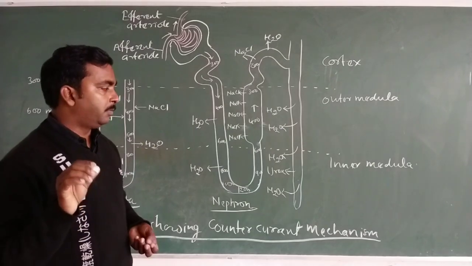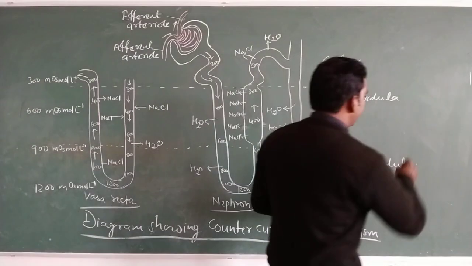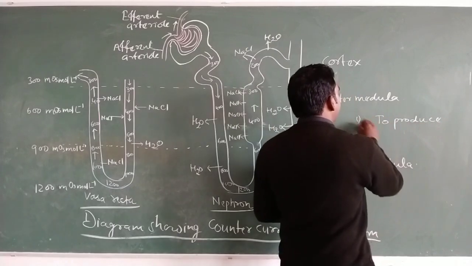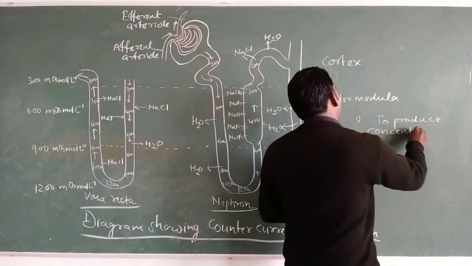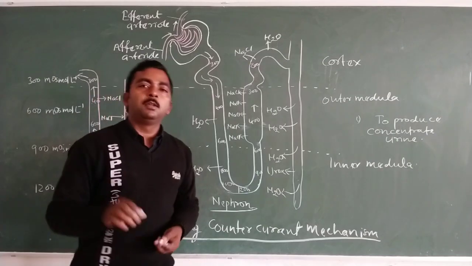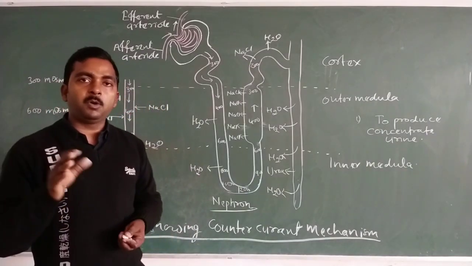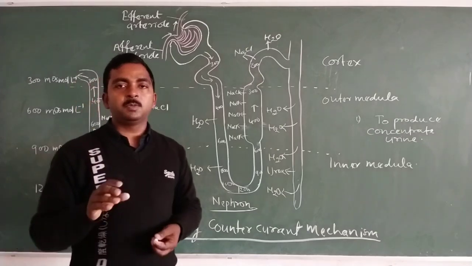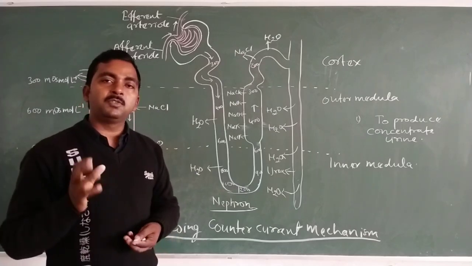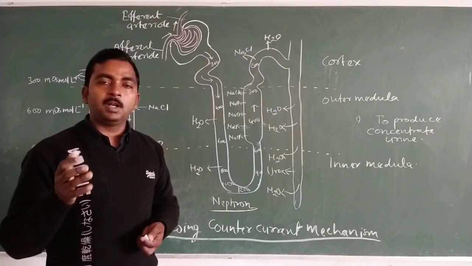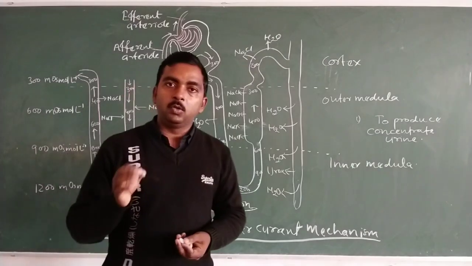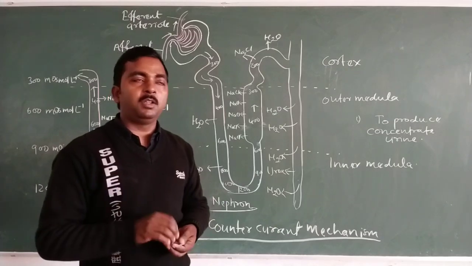The main advantage of the counter current mechanism is to produce concentrated urine. This is an important feature of terrestrial animals, especially mammals, because they are adapted to habitats where not much water is available for their survival.